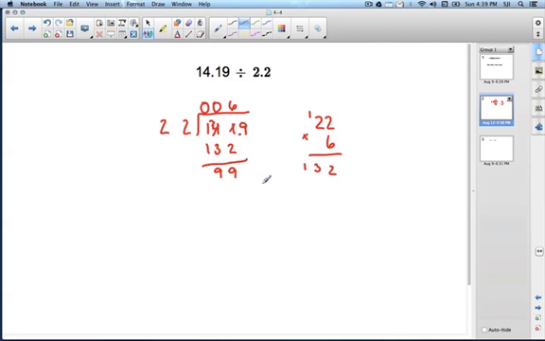So again, I'm going to count by 20s. 20, 40, 60, 80, 100. Again, 100 is awful close to 99, but it's probably a little too big.